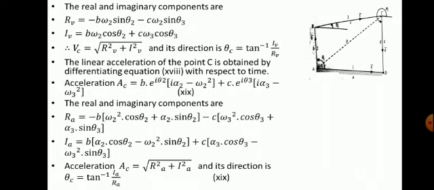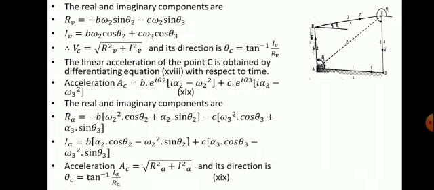Therefore, the acceleration of point C can be calculated by the square root of the real part squared, the real part of the acceleration component, plus the imaginary component squared. Its direction is given by theta C equal to tan inverse of the imaginary part by the real part of the acceleration.